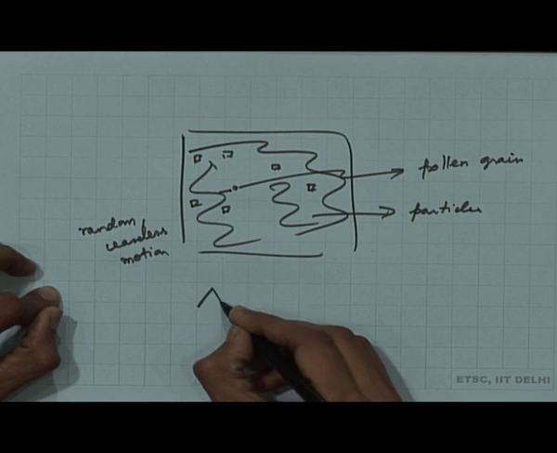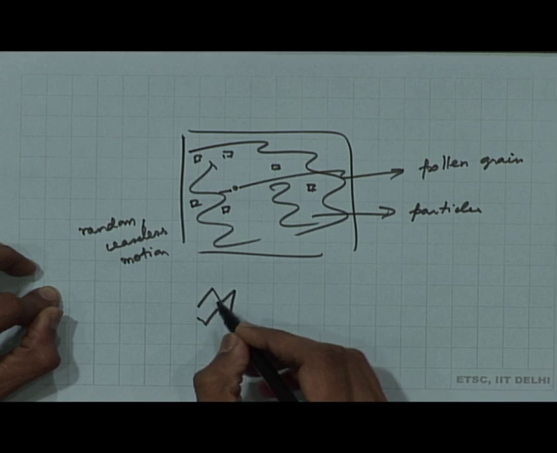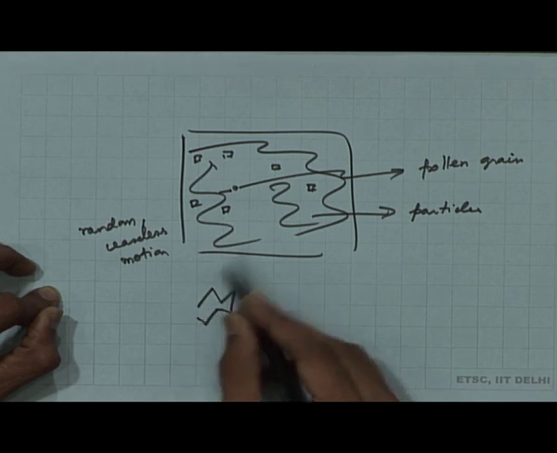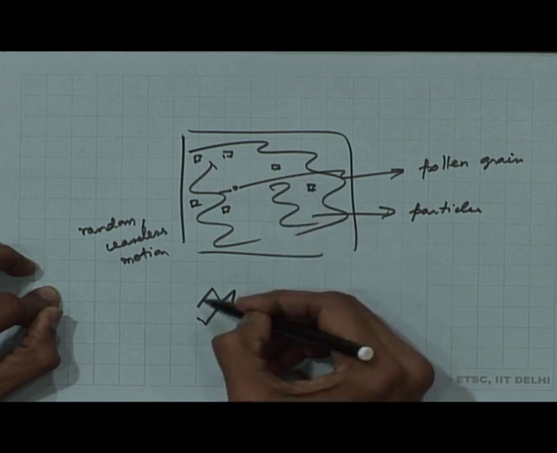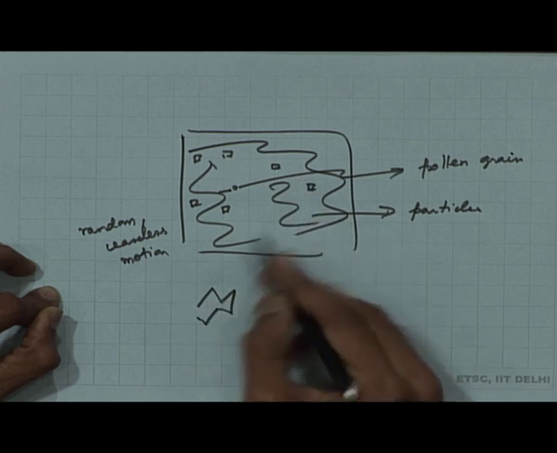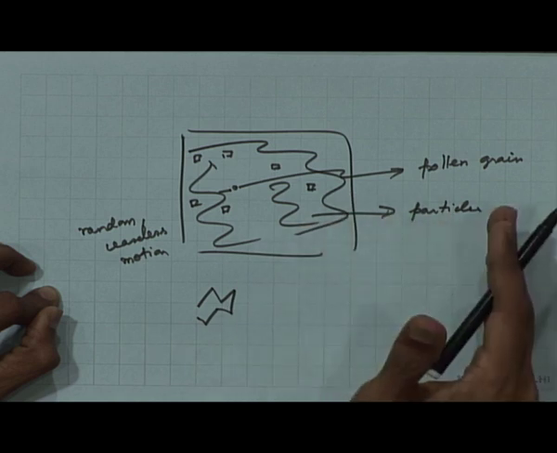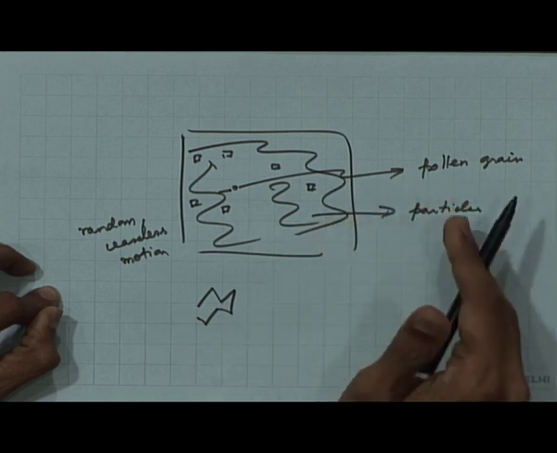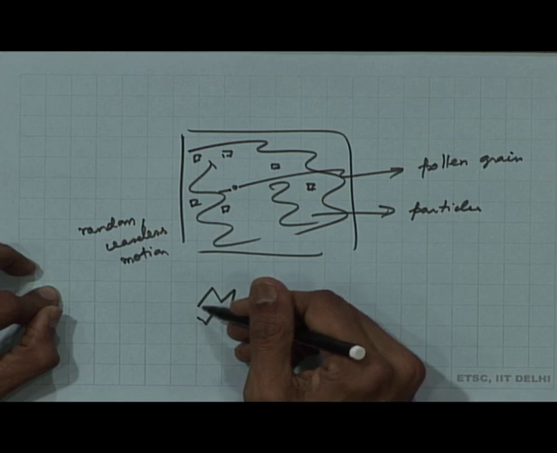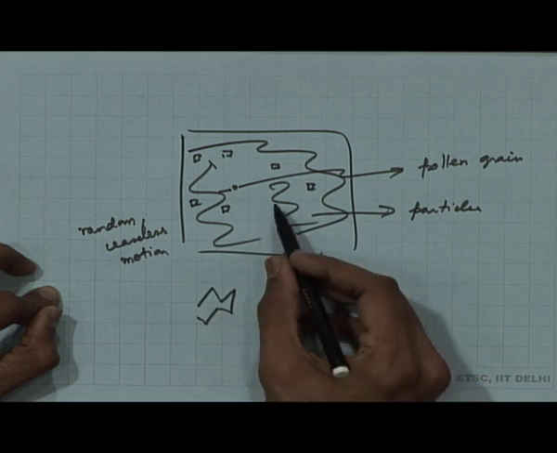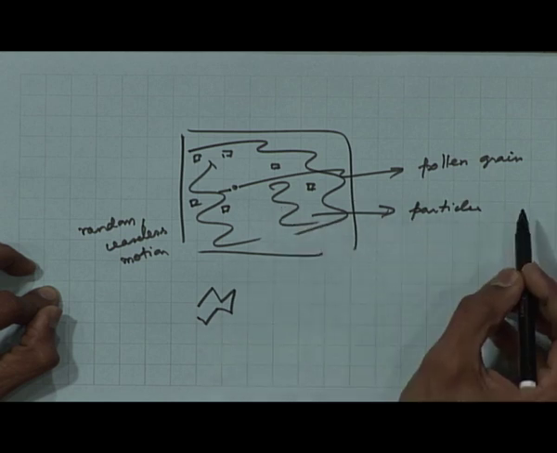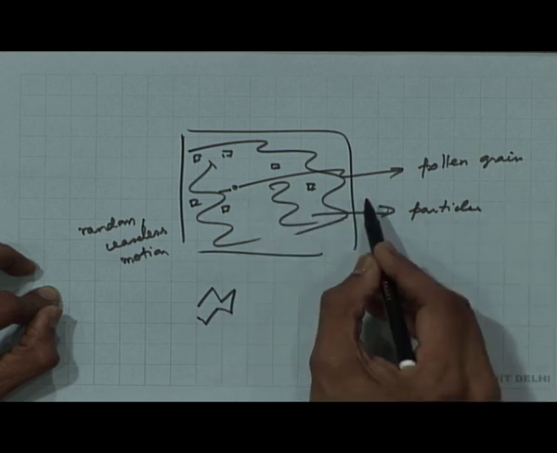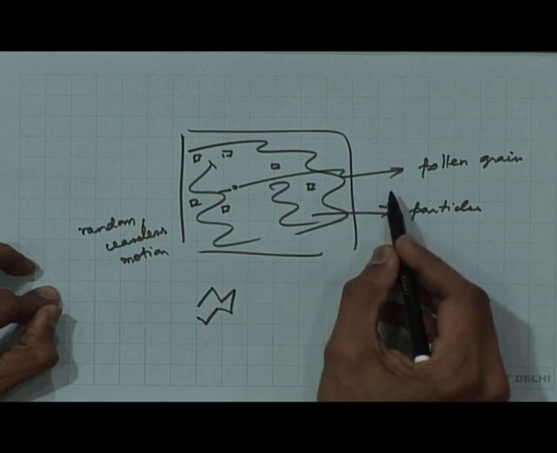So, it undergoes random motion like this, and if you looked at an average, the position of the particle after some time will be exactly where it started off. But if you look at the root mean square displacement, that is proportional to the number of steps, that is the number of collisions that these particles take. In other words, that is the time that you have followed that particle, and also the diffusion constant.